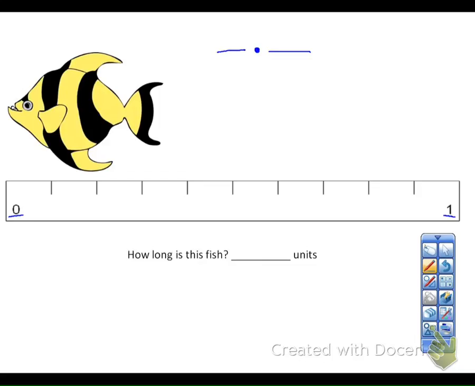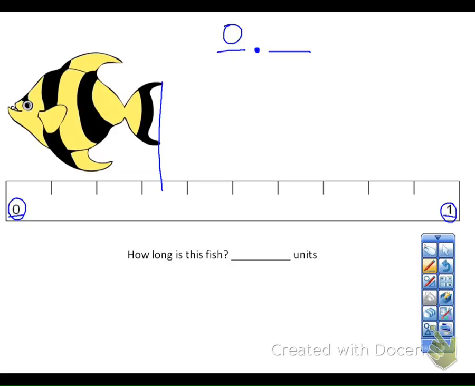So let's do that. Again, we start at 0, not yet 1. So between 0 and 1, this is a placeholding 0 in the ones place. Bigger than 0, but not yet enough to be 1. All right, next, here's the fish again. Somewhere right in there is where his tail fin ends.